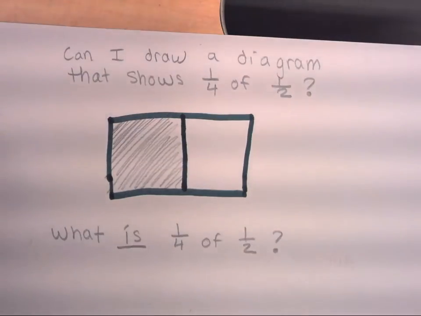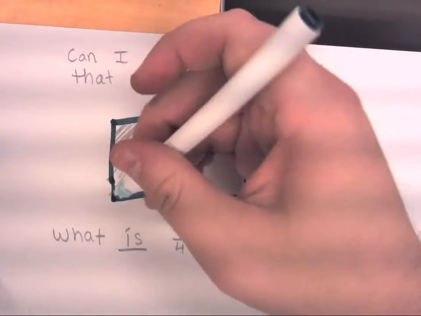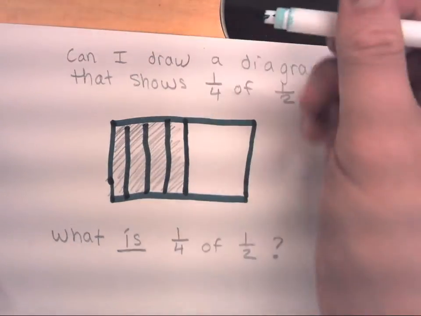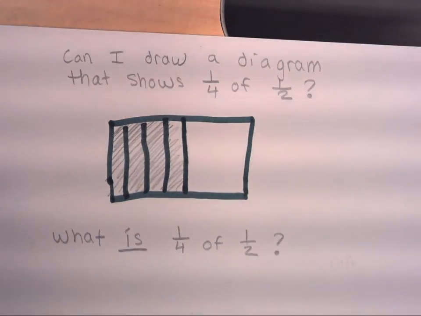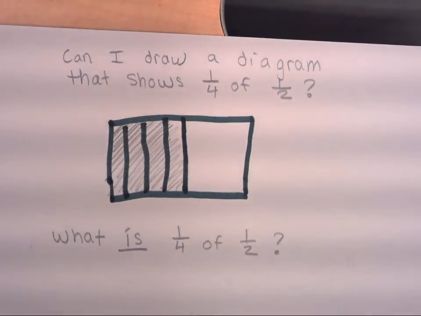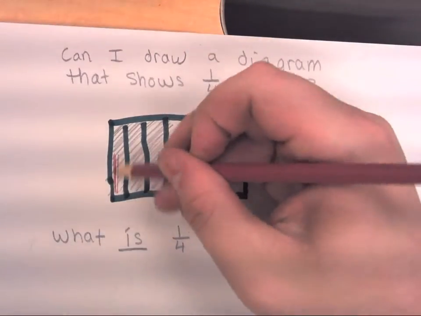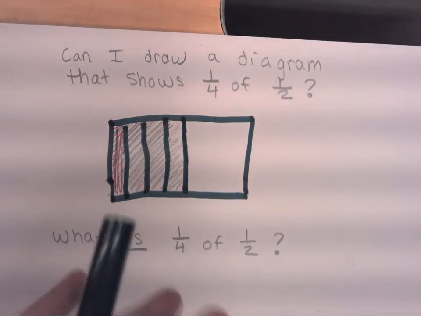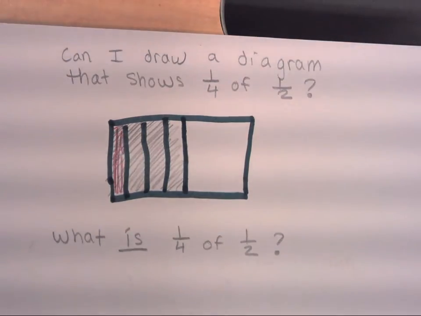And since we want to find 1/4 of that half, all we have to do is simply divide that half into 4 equal pieces. So that's a diagram. Oh, and it helps to shade one of those pieces in. Sorry about that. So this is showing 1/4 of a half. This diagram is. But what is 1/4 of a half?